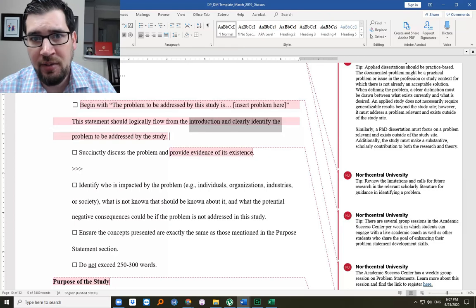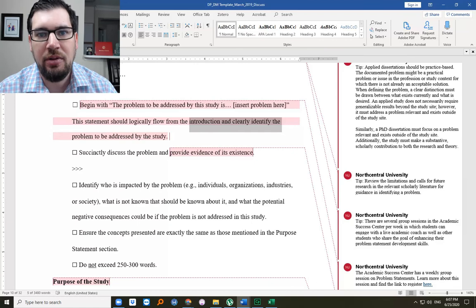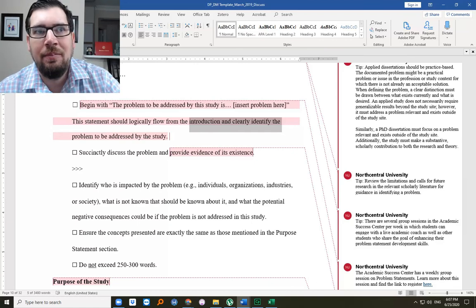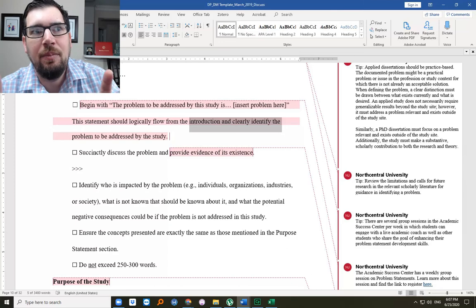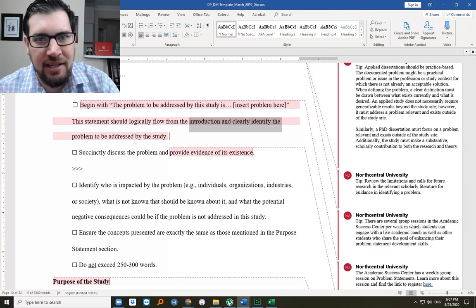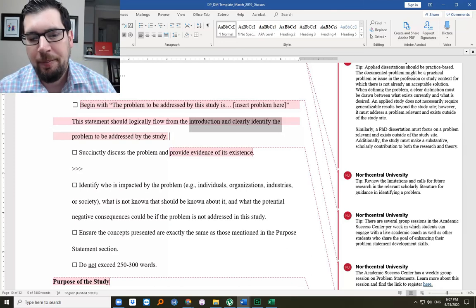You might find one author that suggests the stairs are cracked and in need of repair. There might be just one or two people that talk about that in your topic area.